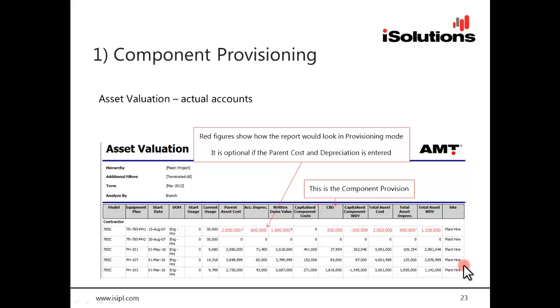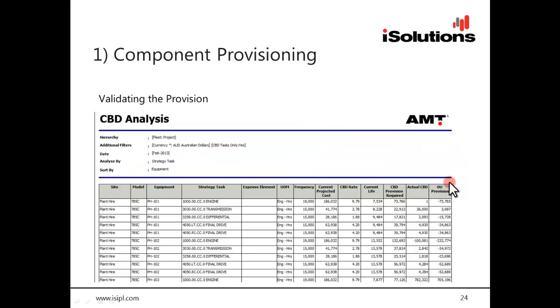So that's why we show the aggregated amount. It's really sitting in your books at 1.1 million. In your asset register, it's 1.4 million, but you've got this further 300,000 of component provision. So your net book value is 1.1 million. So that's what you've got.